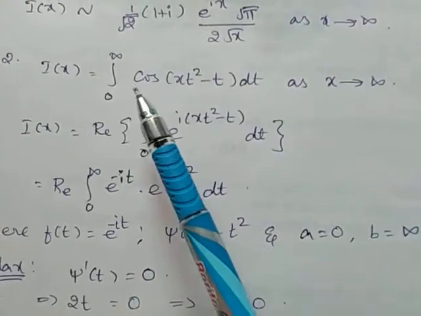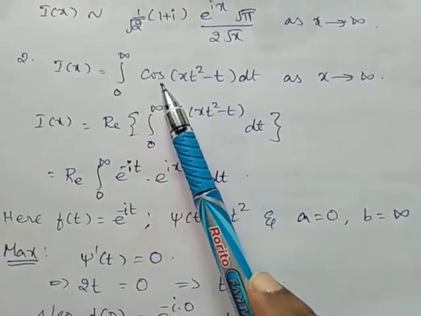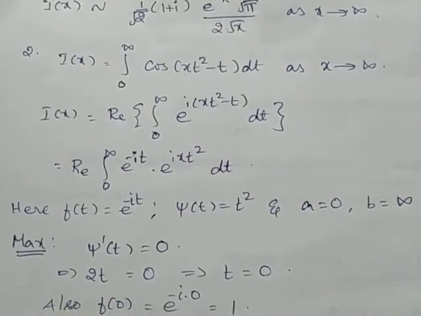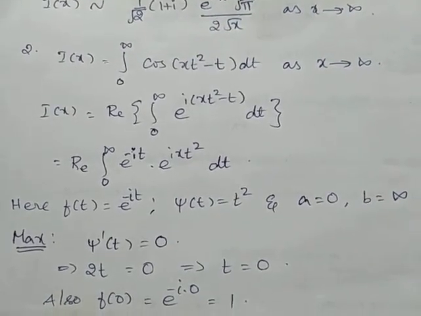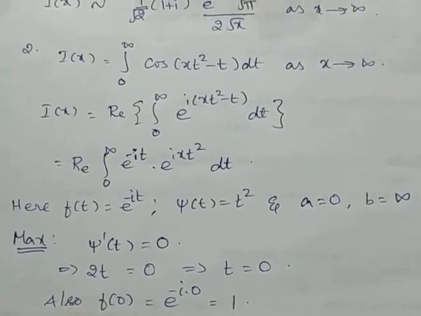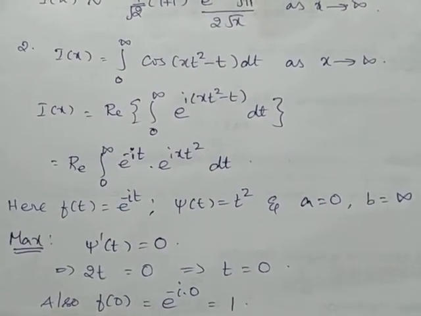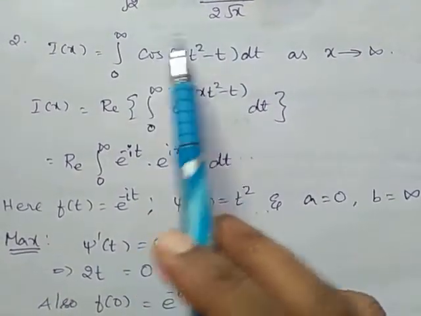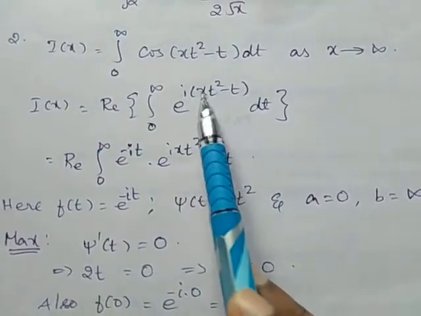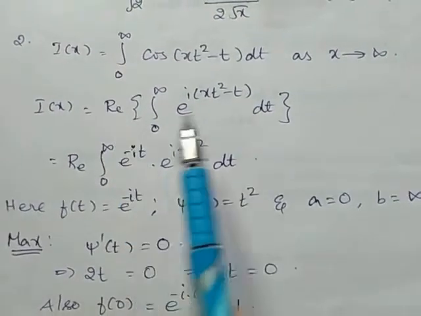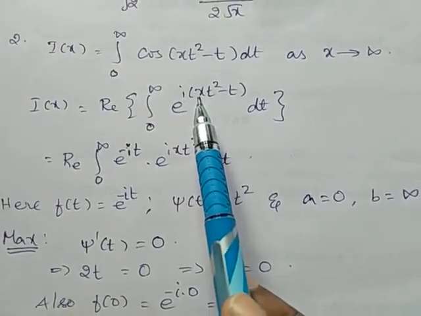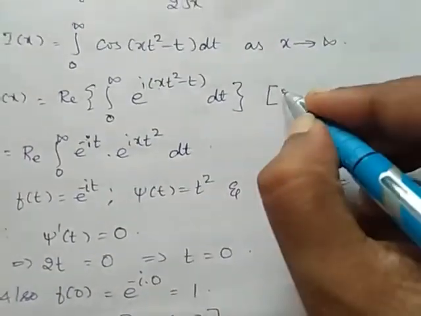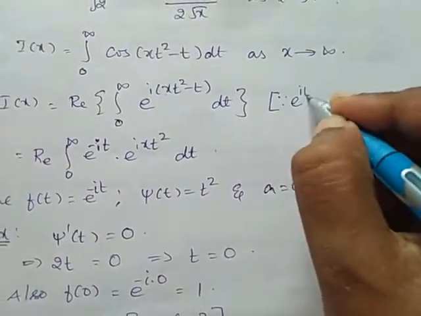Our next problem is the integral from 0 to infinity of cos x (t square minus t) dt. If we want to solve this using the method of stationary phase, here we do not have an imaginary term. So I am writing this as the real part of e power i x (t square minus t). What is e power i theta?